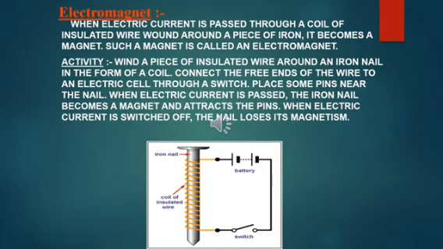So the small activity which you can try, see here, it's an iron nail, and the iron nail is wound. You take a piece of wire and wind this wire around the nail. Then the two free ends of the wire, you connect to a battery.